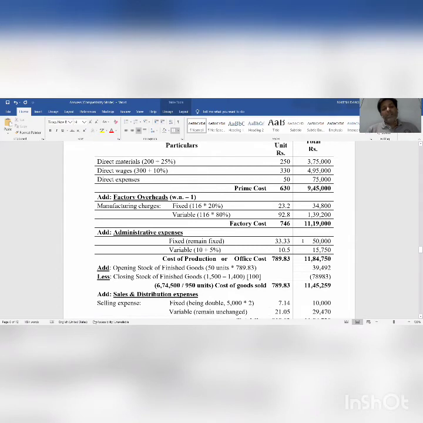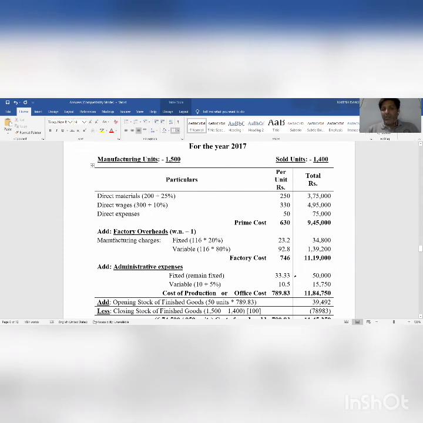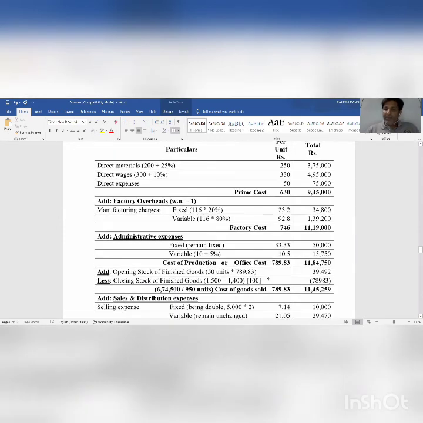And if a variable expense remains unchanged, then it remains constant in unit wise. Here the administrative expense of fixed nature remains fixed in total amount, rupees 50,000, and unit wise 50,000 divided by 1500 manufacturing units, so it will be rupees 33.33.